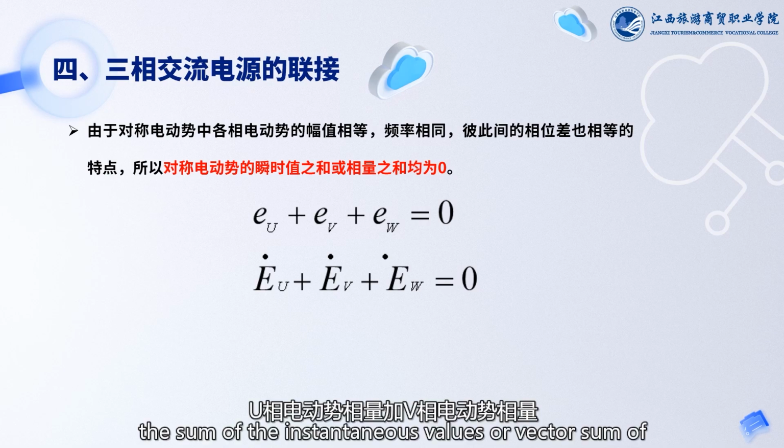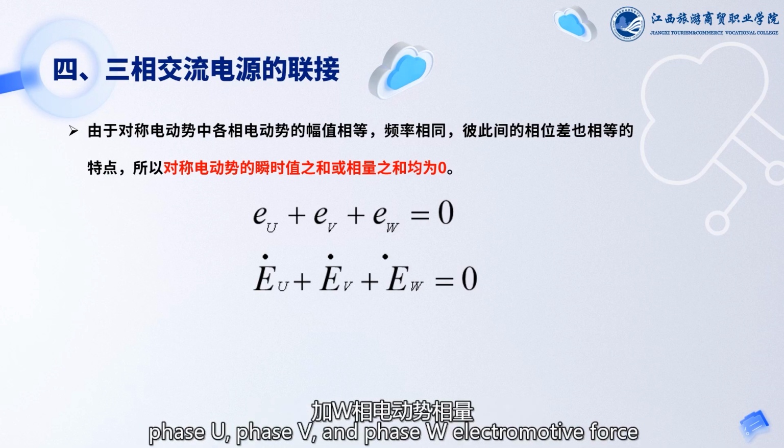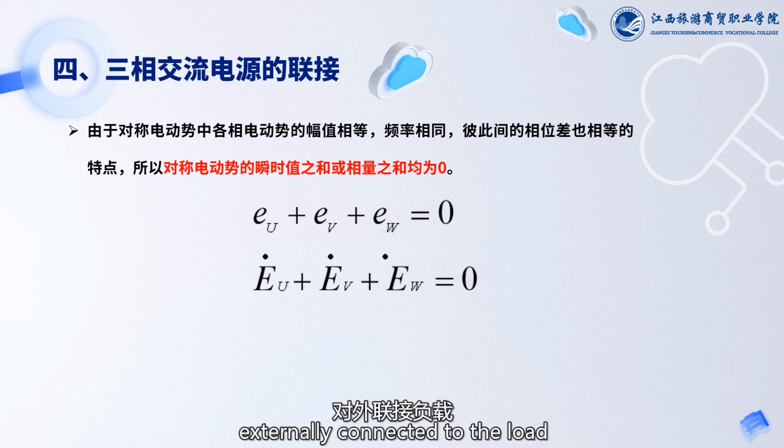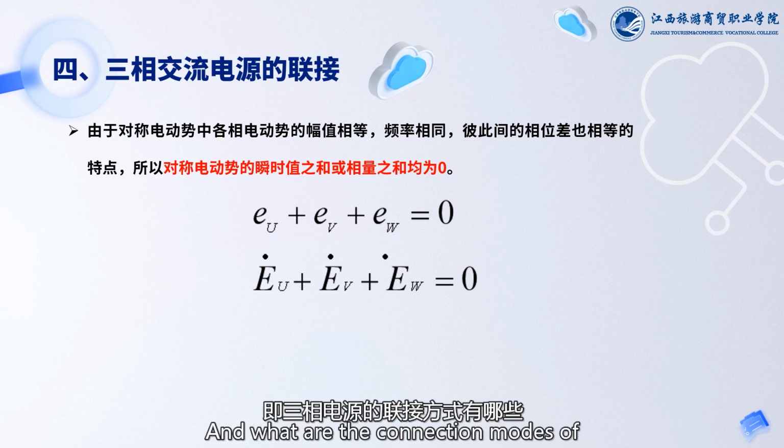The sum of the instantaneous values or vector sum of the phase U, phase V, and phase W electromotive forces is equal to 0. How is AC externally connected to the load? And what are the connection modes of three-phase power supply?